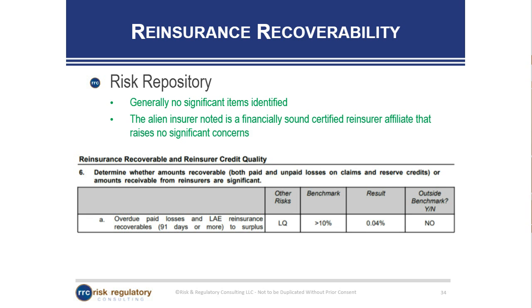And if you look through the risk repository, in total, what this points out to me is there's generally no significant risk items identified by the reinsurance recoverable risk repository components. It does highlight that alien reinsurer that's a certified reinsurer and affiliate, and it turns out that that's a relatively sound reinsurer, but the risk repository doesn't really point that out to you.